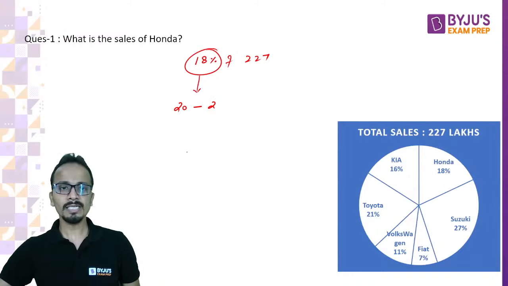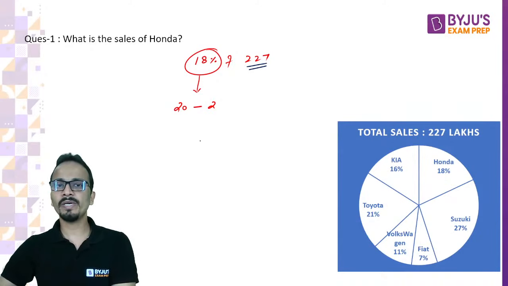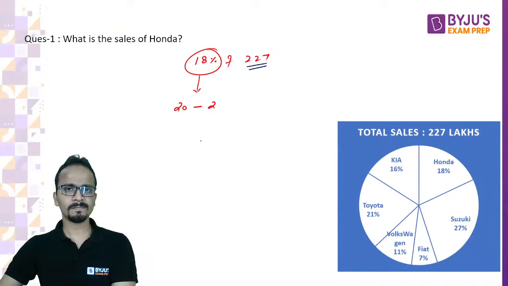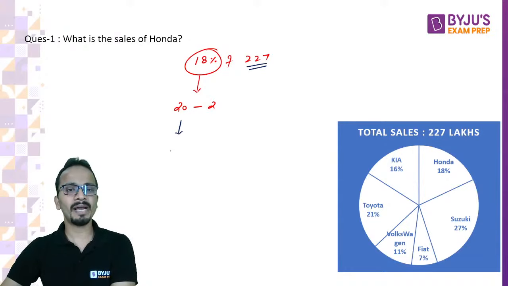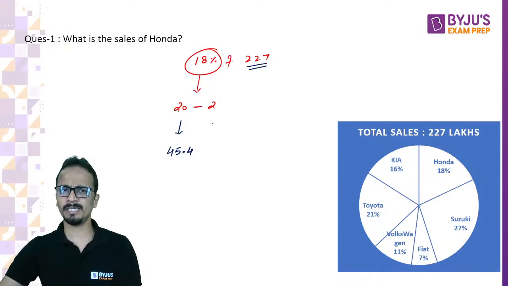Let's move in this direction. I'll start with 10%. The 10% of this value is 22.7. I'll multiply it by 2 to obtain 20%. So 22.7 multiplied by 2 will be 45.4. Multiplying by 2 is very easy.